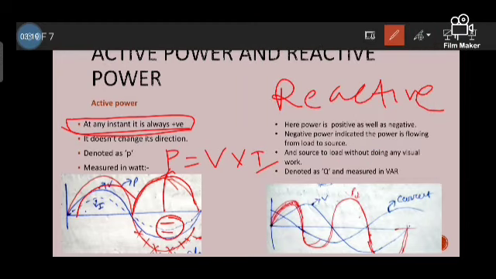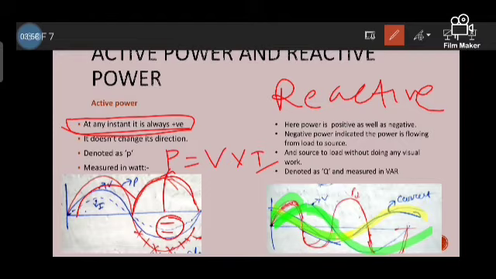Now see the reactive power. This is the current curve in yellow color, and in green color this is the voltage. At some instants both are positive, so this is the positive part of the power graph. At another instant the voltage is negative while the current is positive, or the voltage is positive and the current is negative.